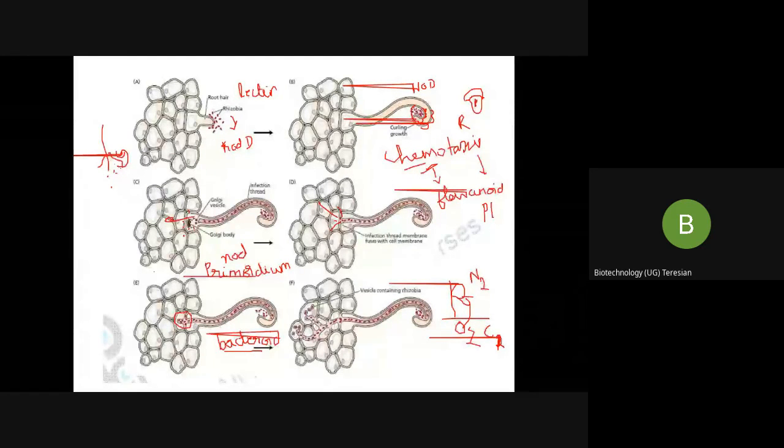So first what happens is, whenever your plant is not having a sufficient amount of nitrogen being fixed, it sends a signal that is called the chemical signal. And those signals are, for example, a flavonoid. Now there are so many bacteria present in the soil.